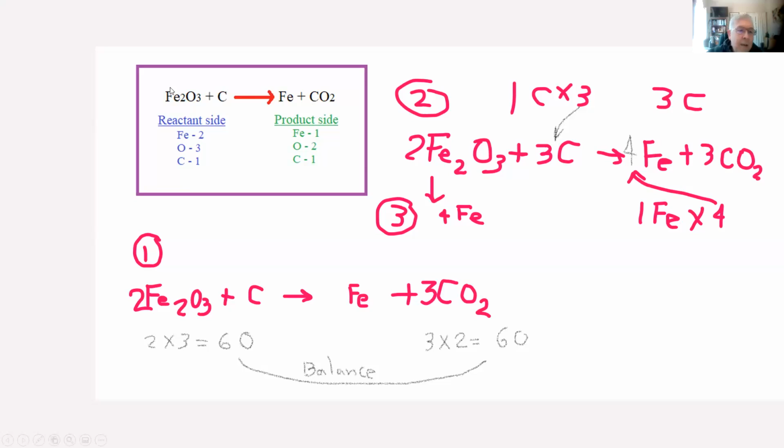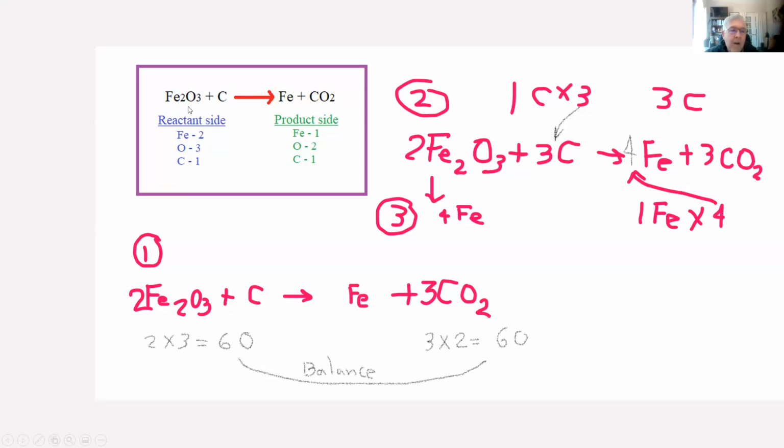The first step is to write the reactants to the left of the arrow and the products to the right of the arrow. And then you write the elements, iron, oxygen, carbon, in both.